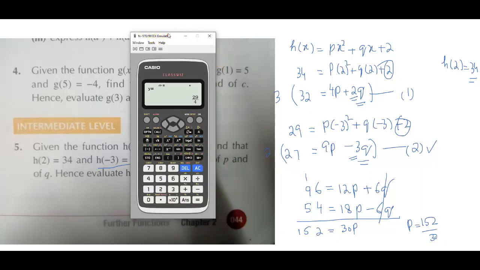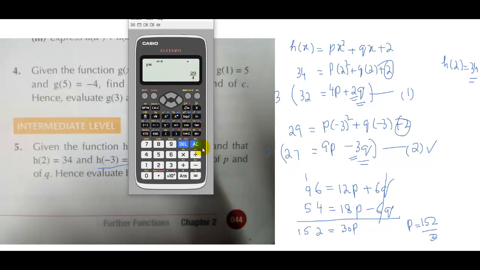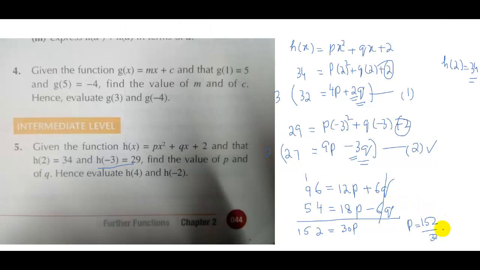The calculator shows me 76 over 15. This is the p, and now just put this p in any one of the equations.